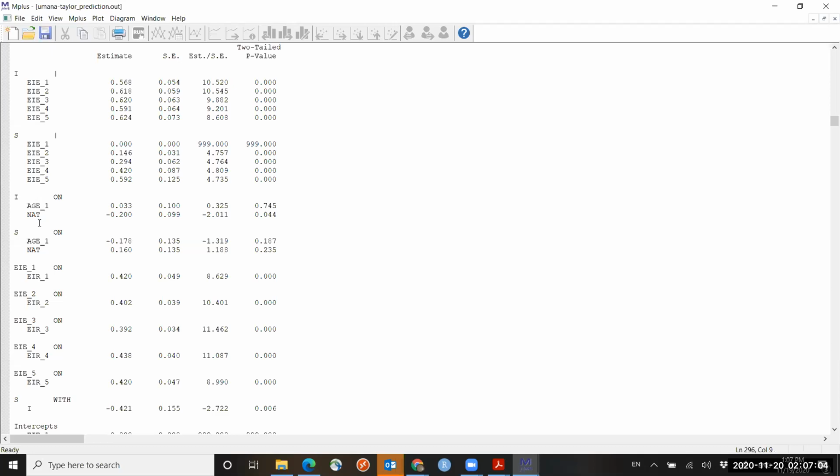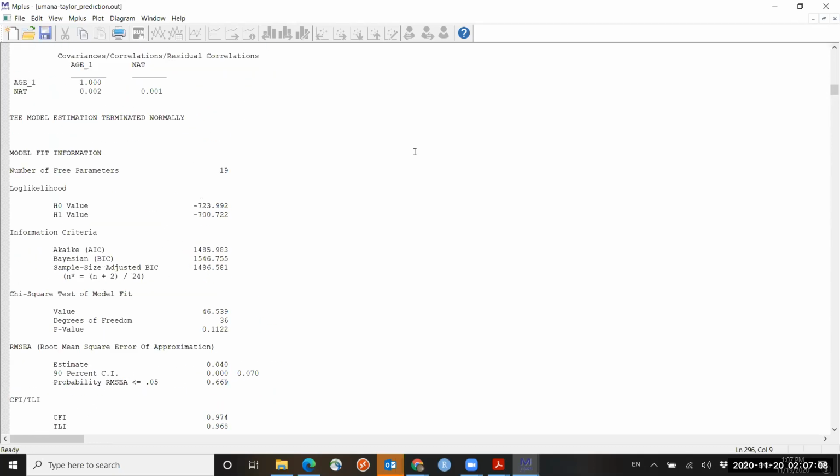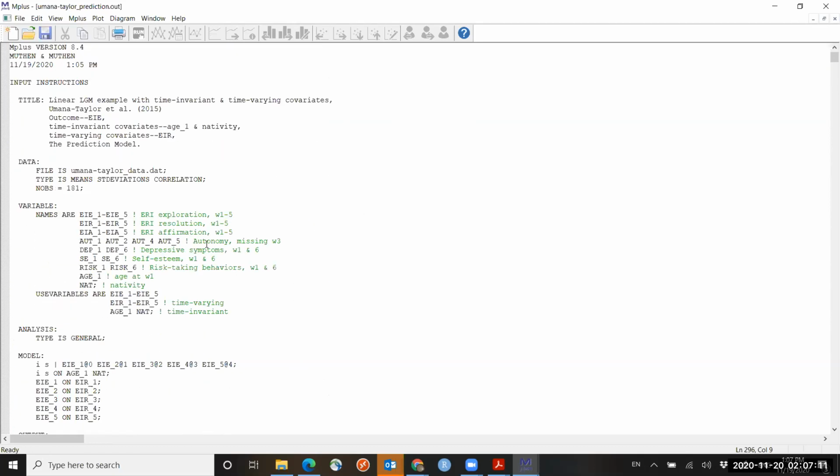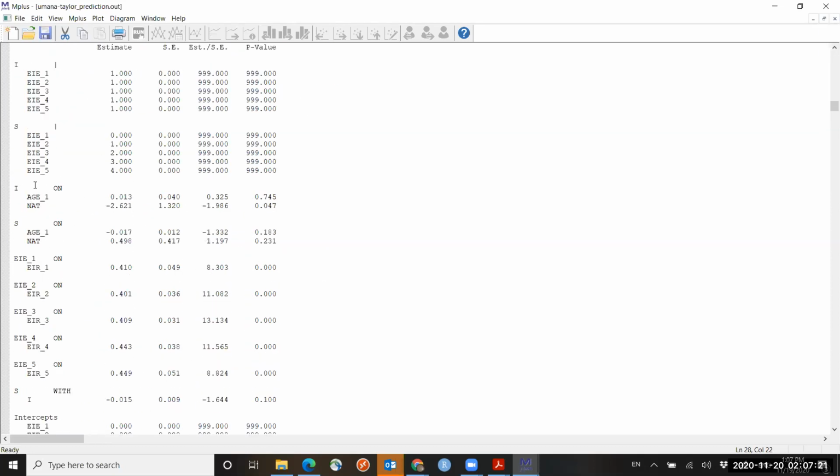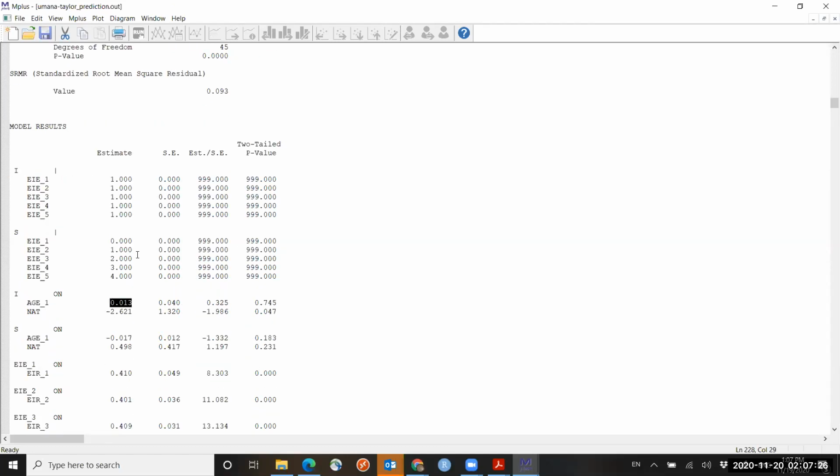Back here to the code, nativity is coded as 0, 1. Age is continuous, so an increase in 1 standard deviation of age corresponds to this increase, but we can't interpret this because it's not statistically significant, right?